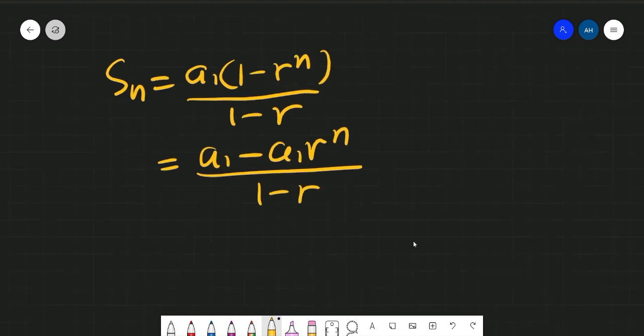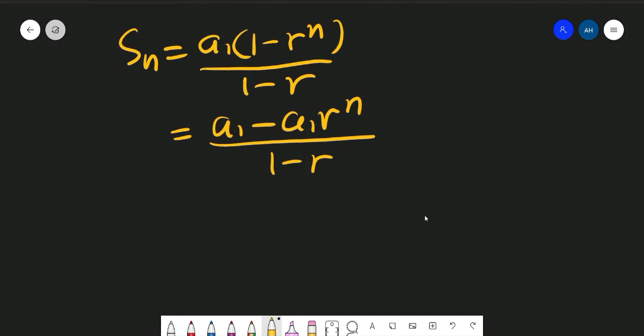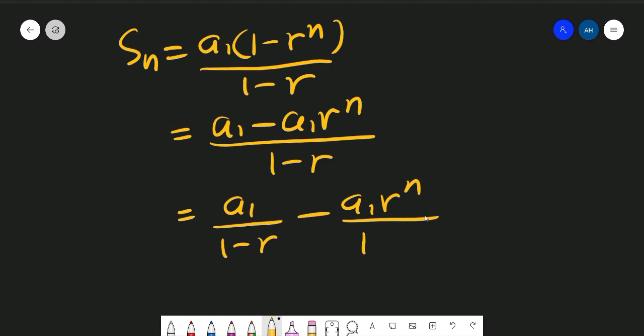Now let's again break it down into two parts. The first term will be a1 over 1 minus r, minus a1 r to the power n over 1 minus r. With the same argument as before, this term will go to 0 for r in between -1 and 1.